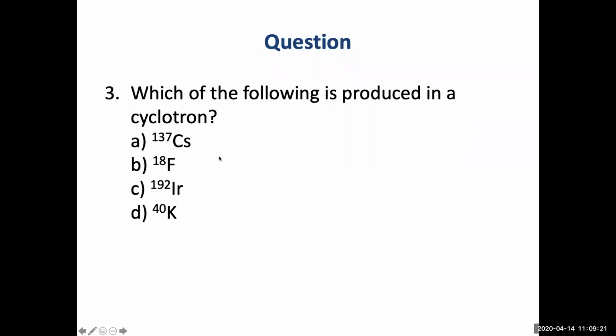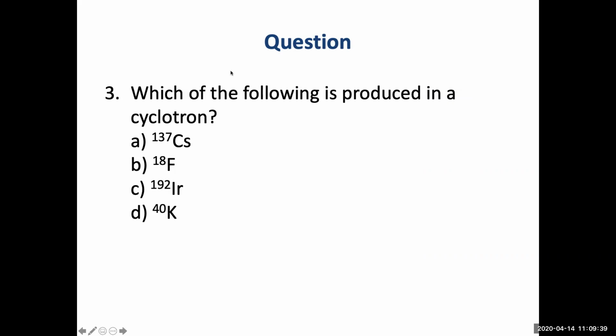Which of the following is produced in cyclotron? Yes.